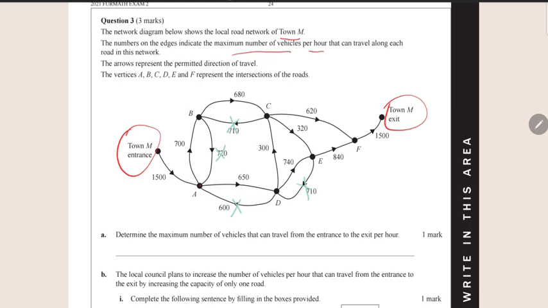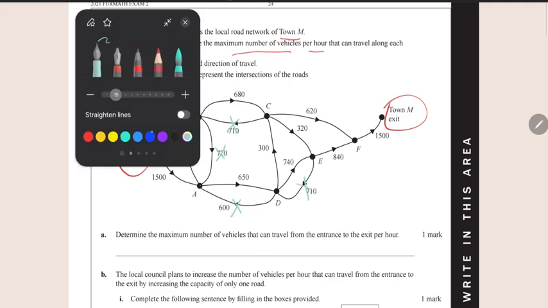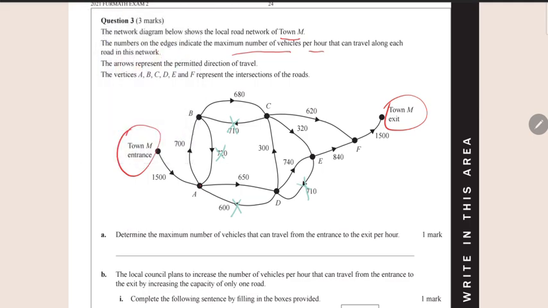So we go back to looking at it. 1,500 can either go along this road or along this one. If 700 did go along this way, we say 700 moved in that direction, leaving you with 800 that can go along here.